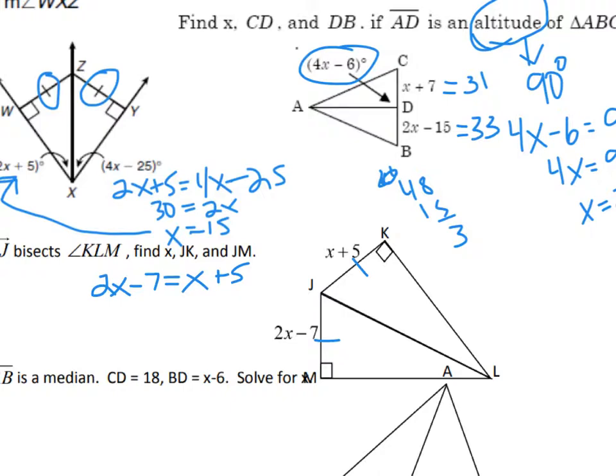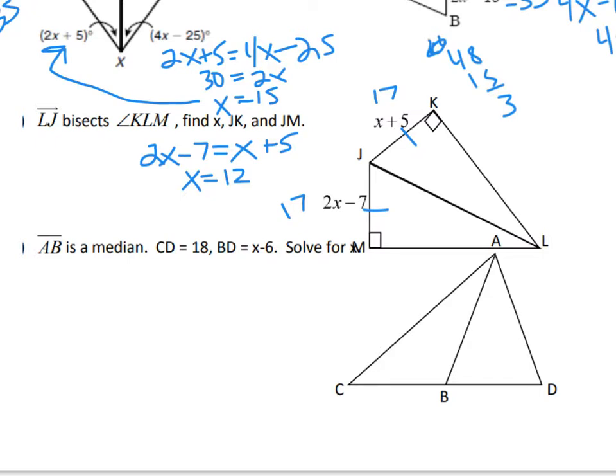So we can set those two expressions equal, we can solve it, and then it's asking for my other values, so I get 12 plus 5 is 17, and these should be the same because that's the entire point of the problem. All right.